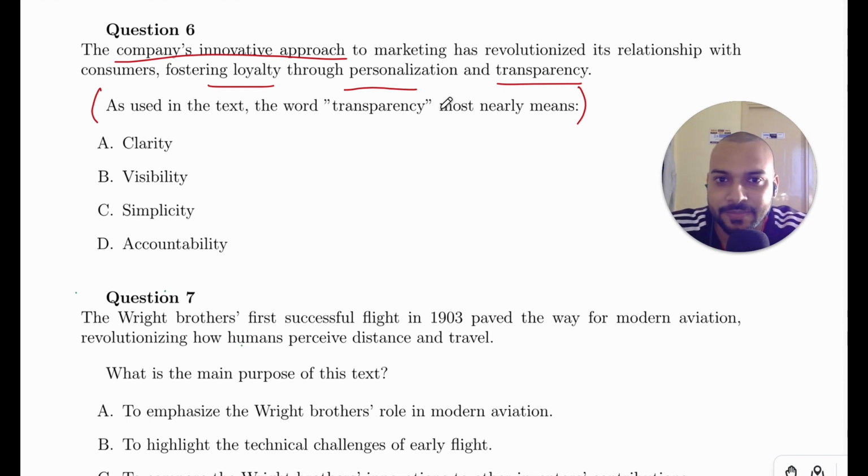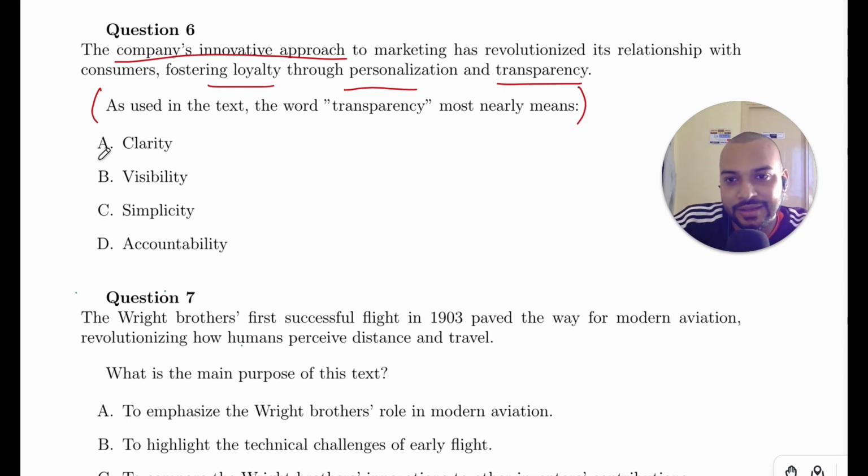Transparency, transparent. The word transparent means something that is see-through. You can see everything through and through. There's nothing hidden. So in that context, the word transparency can mean clarity, nothing hidden. So transparency, clarity, trust, like that.